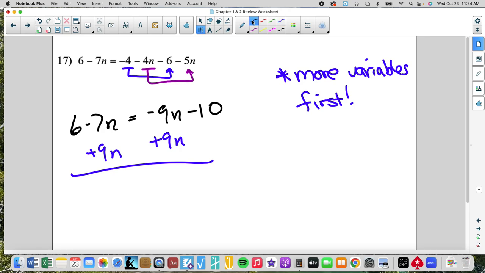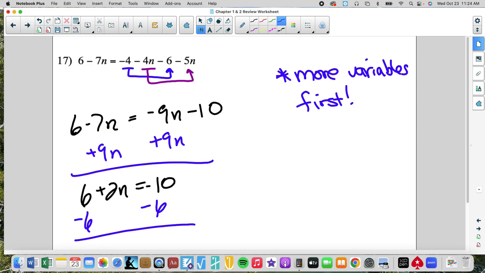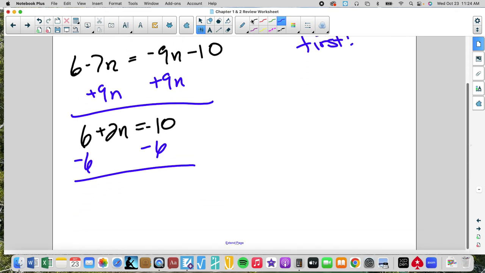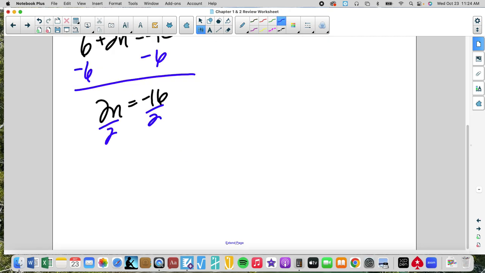I'm going to get 6 plus 2n equals negative 10. I'm going to minus 6. And I get 2n equals negative 16. I'm going to divide by 2, n equals negative 8.